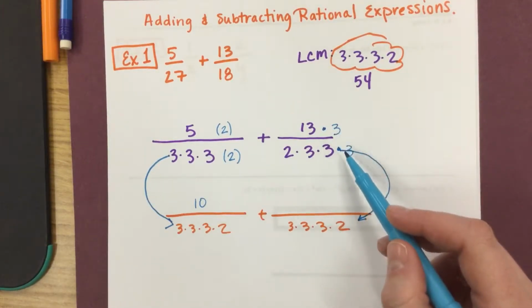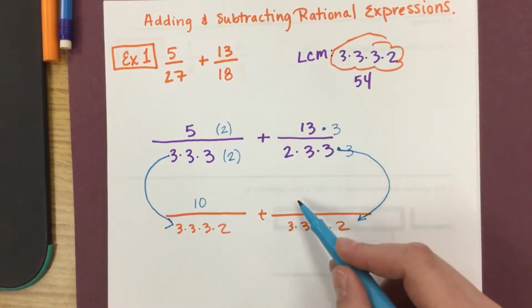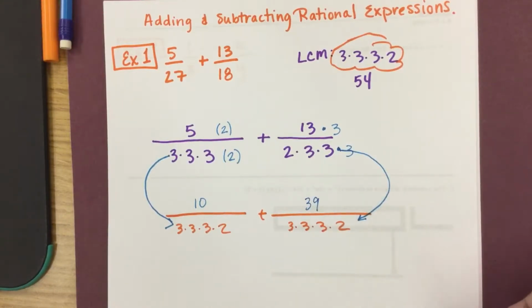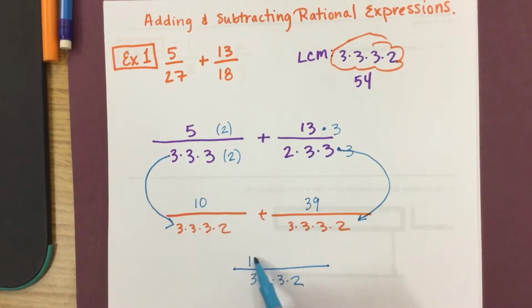Now, when I compare the second denominator to the LCM, I can see that I'm missing a factor of 3. So I would have had to multiply my denominator by 3, so now I'm going to have to multiply my numerator by 3. So 13 times 3 is 39. Now my denominators are exactly the same, so I can rewrite my denominator as 1, and my numerators go together as 10 plus 39.